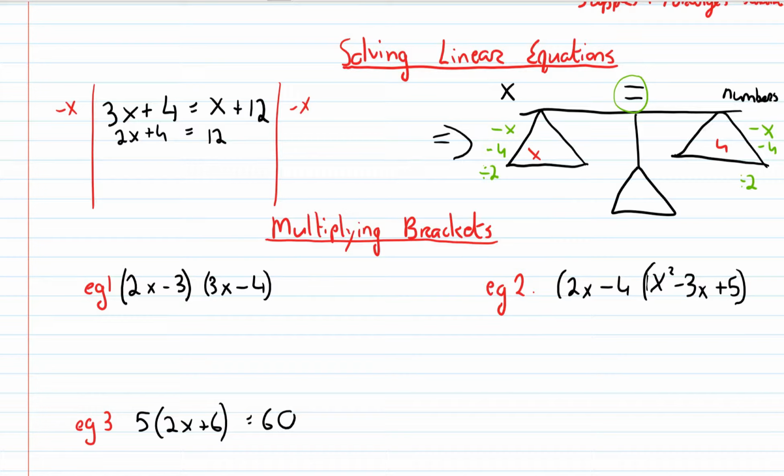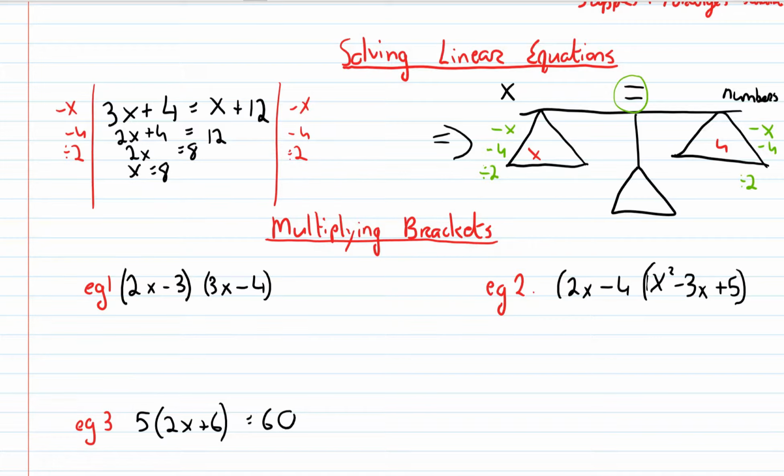I now want to take away a 4 on this side because I want this gone, so I take away a 4 on the other. I will be left with 2x equals 8. I'm going to divide by 2 on both sides. If I divide by 2 on both sides, I'll have x equals 4.